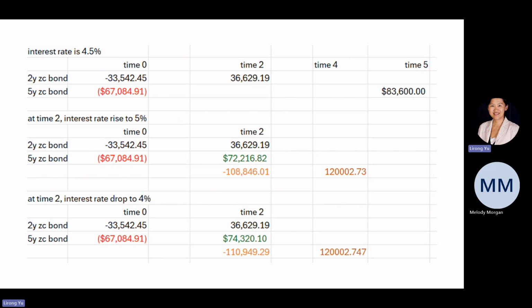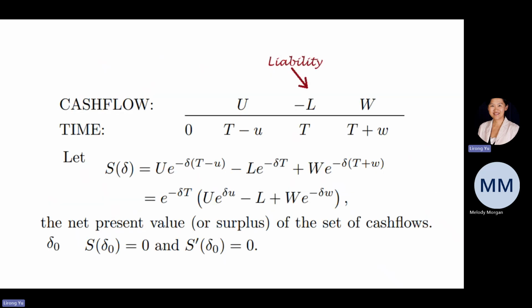Okay, so the original interest rate definitely covered, but for the new interest rate, that's why you need to consider what will happen. I used this Excel spreadsheet just to cover different times and what will happen. Okay, let's talk a little bit about full immunization, and this is really the timeline. If you have a liability at time T, how do we make sure that we're fully covered, no matter whether the interest rate went high by a lot or lower by a lot?